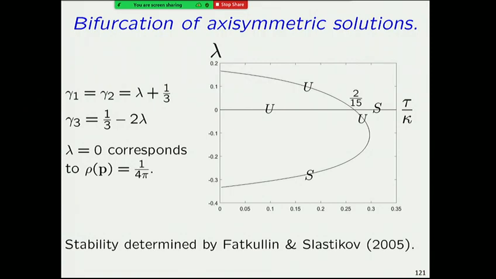In fact, this is stable up until 2/15, and then it transfers to this one, and the other branches are unstable. So that's a picture of how the nematic phase bifurcates from the high temperature isotropic phase according to the Maier-Saupe theory.